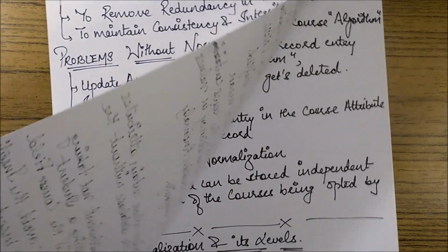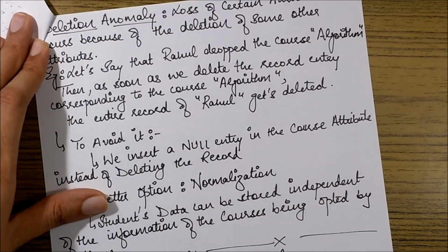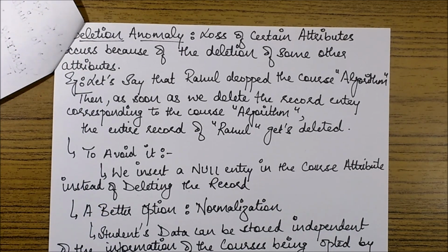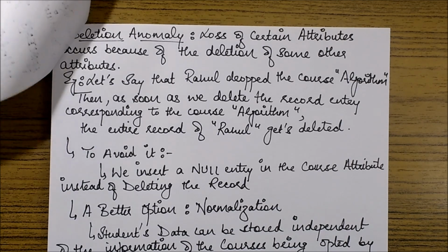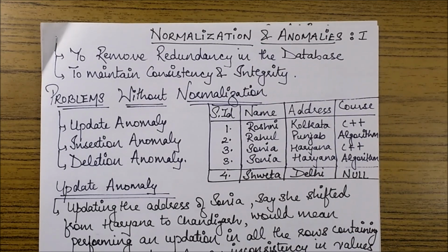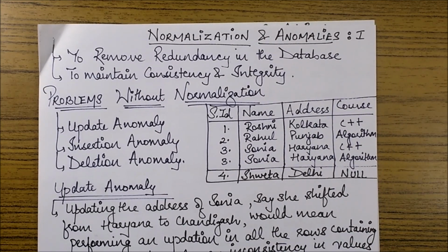And finally, the deletion anomaly. The deletion anomaly states that loss of certain attributes occurs because of the deletion of some other attributes. How does this happen? See, if I take the same table and say Rahul dropped his course algorithm, so Rahul is no more taking the algorithm course and I need to just remove this particular information.